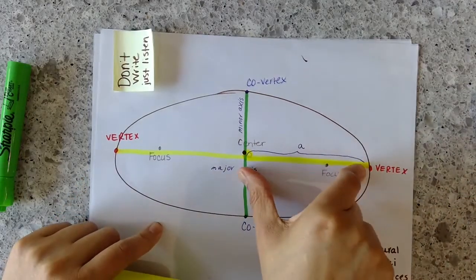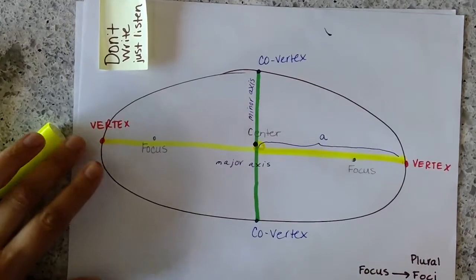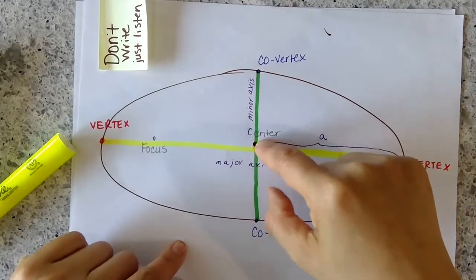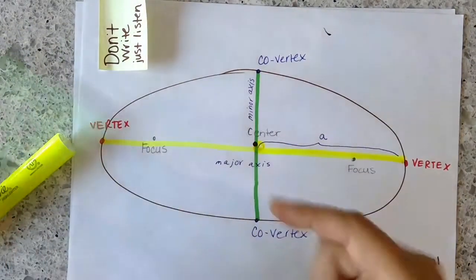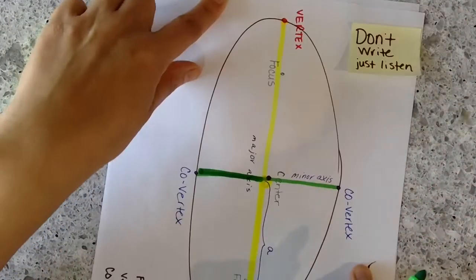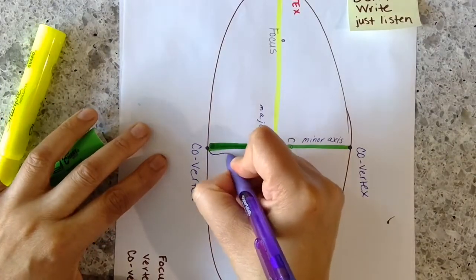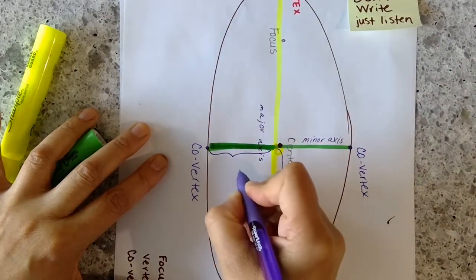So this is A and this segment is A. The distance between your center and your co-vertex, this distance, again, it doesn't matter how it's oriented, is going to be called your B value.